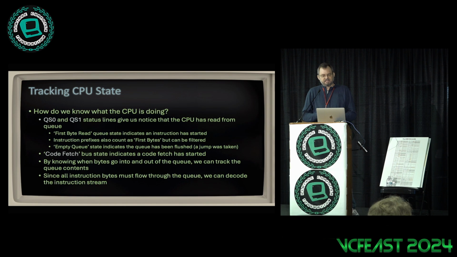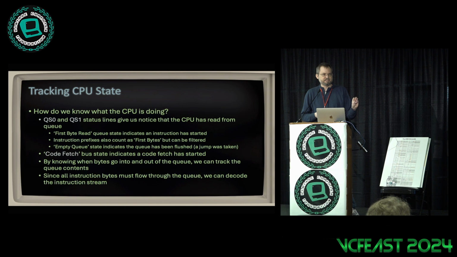And so in maximum mode, we have these two signals, QS0 and QS1, that tell us exactly what's going on with the instruction queue. They give us four states: when the first byte is read, a second byte is read, when the queue is empty, or when the queue is idle. That's kind of weird. Like, why is the CPU bothering to tell us this stuff in the first place? Well, the 8087, the way this was designed, the floating point unit was basically watching the same instruction stream as the CPU, just waiting for an FPU instruction to occur.